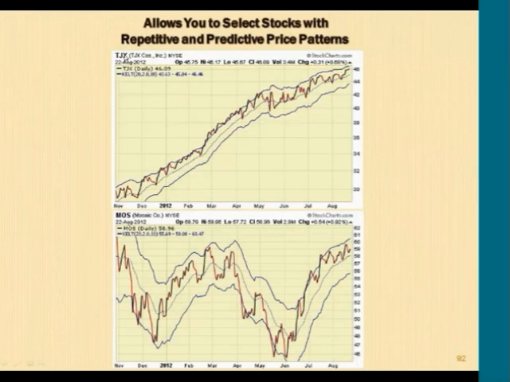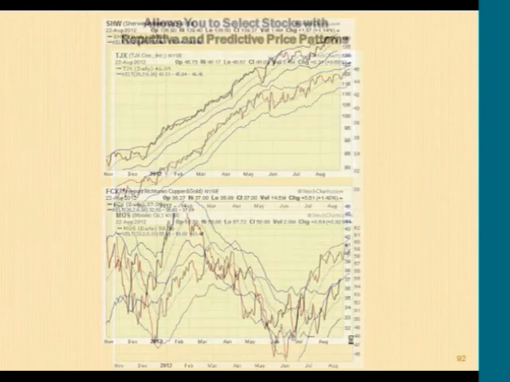So these are the kind of stocks we like to focus on, as opposed to this stock. This is a price chart for Mosaic, and you can see there really is very little predictive or repetitive patterns with the price movement of this stock. So we like to focus on these types of stocks. And here's another price example.